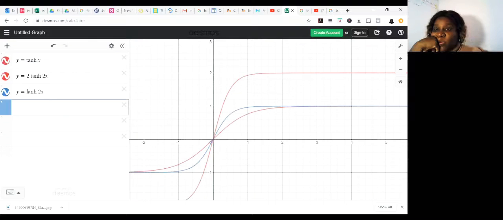But 2 tan 2x is still kind of on 1. So you have to mess about with this and play with it. I cannot explain everything to you, but you have to play with it and see the behavior of all of it so that you can complete your assignments, okay? And you don't want to pick up a graph from here and put it in your homework. What you want to do is see how it's behaving and try and sketch it, okay?